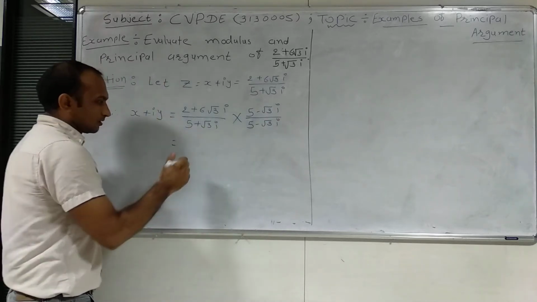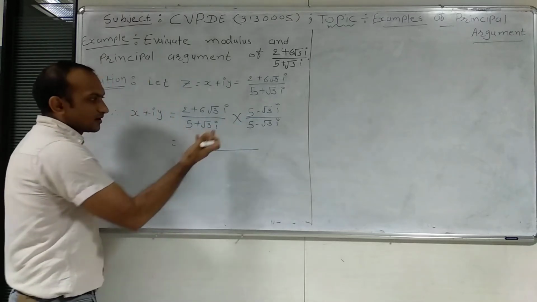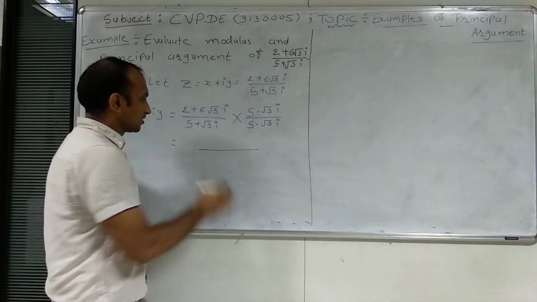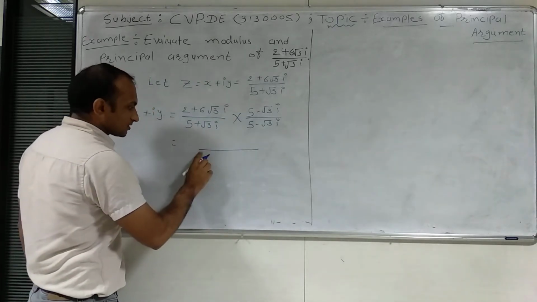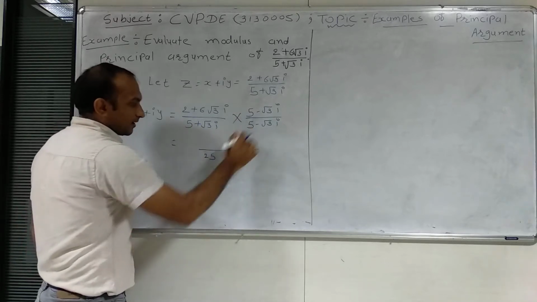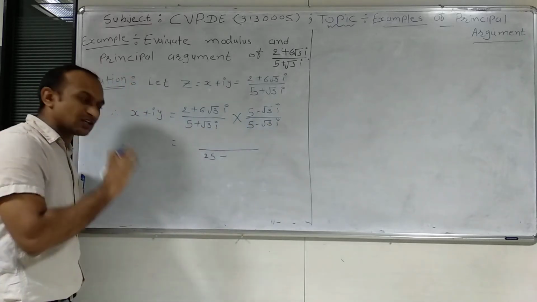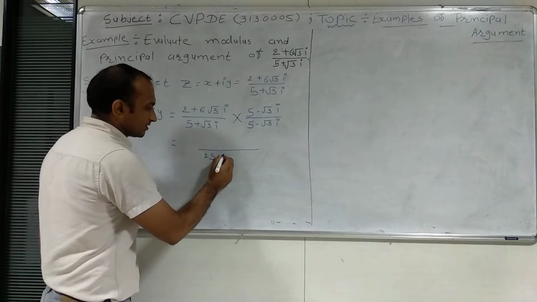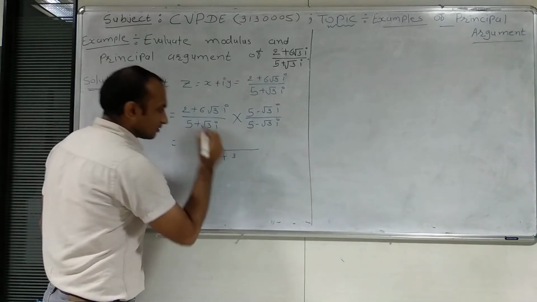Now first we find the denominator multiplication. This is of the form (x minus y) and (x plus y). So 5 into 5 is 5 square, so 25. Now root 3 i into root 3 i is 3 i square, and we know that i square is minus 1, so this minus becomes plus, and here 3.